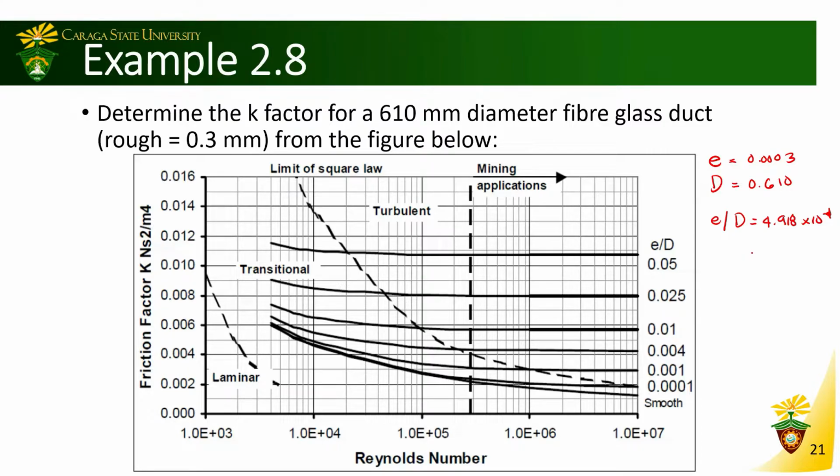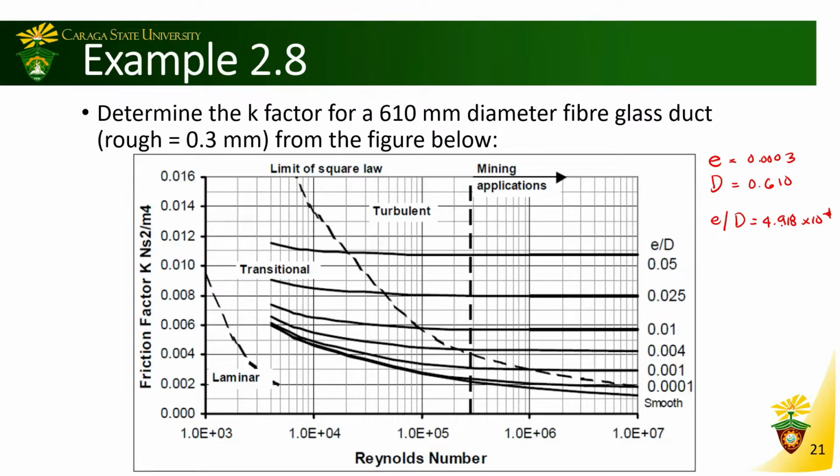Given the figure, where do we look? Since it is mentioned here that we are looking at a turbulent flow, and in terms of mining applications, we will be looking at the values times 10 to the negative 4.